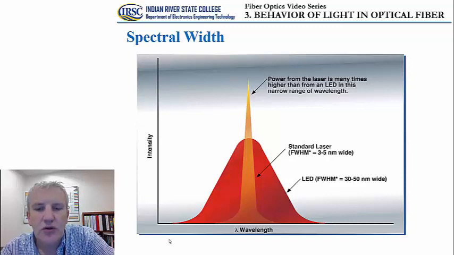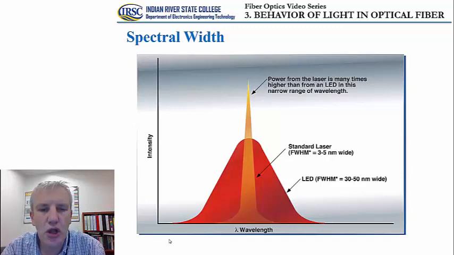So in other words, if we are using LED, we're gonna get a spectral width of about 30 to 50 nanometers, and such a wide spectrum of light that's being transmitted along the optical fiber will ultimately result in a much greater chromatic dispersion, as opposed to the standard laser, whose spectral width is about 3 to 5 nanometers, which is shown here in yellow color.